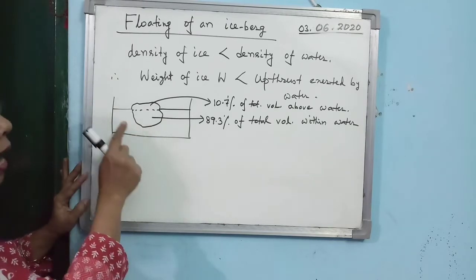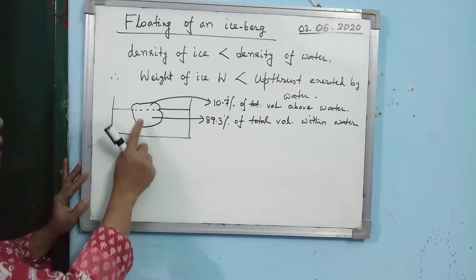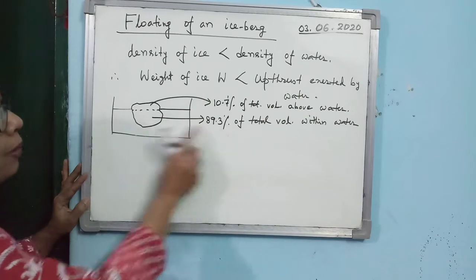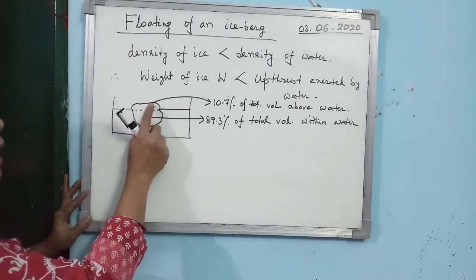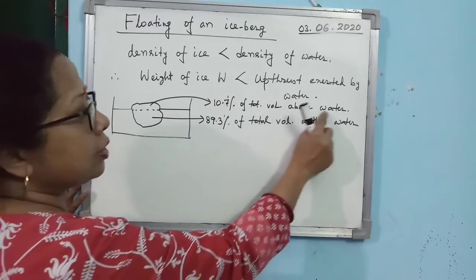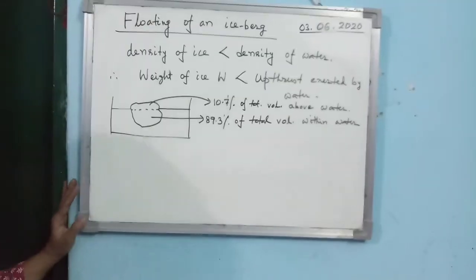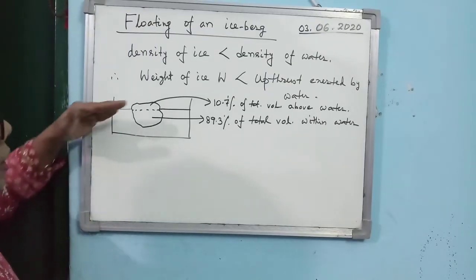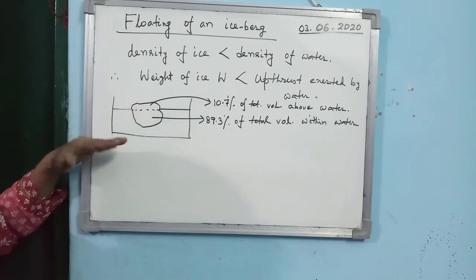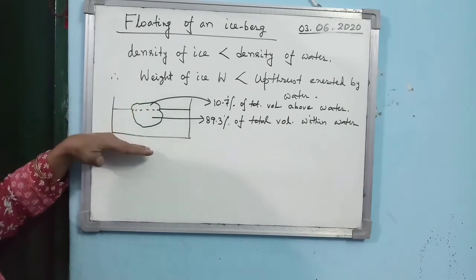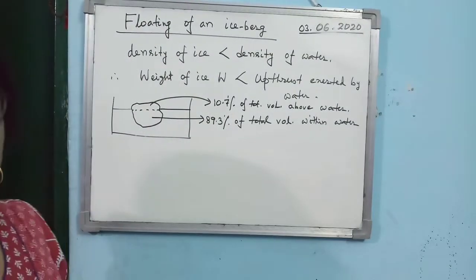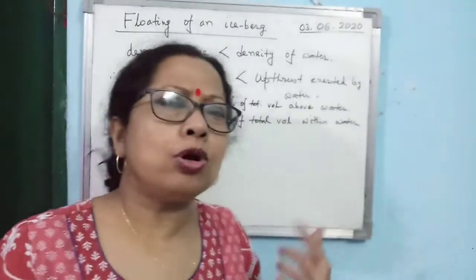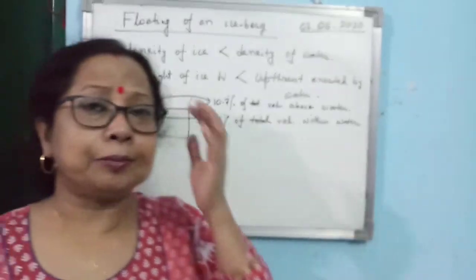But for ice, the speciality is that 89.3% of the entire volume is within water, whereas 10.7% of the total volume is above water. What does it mean? A large portion of ice remains within water, and only a small portion is visible. I hope you have seen the movie Titanic.